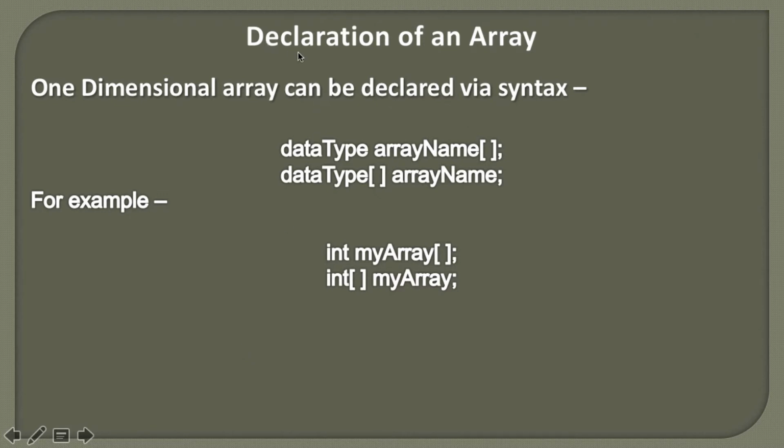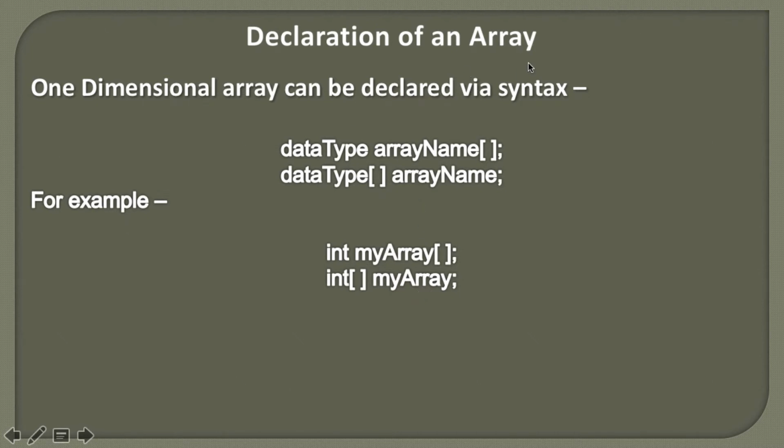When we declare an array in Java, we can use both these syntaxes. The most preferred syntax is the second one, because we can simply deduce that this is an array of integer data type by just looking at the int and the square brackets. So this is the mostly used syntax to declare an array.